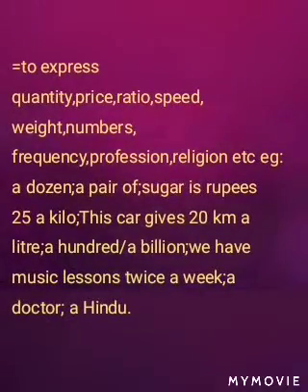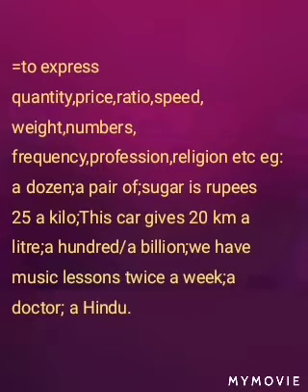Now, the article a can also be used to express quantity, price, ratio, speed, weight, numbers, frequency, profession, religion, etc. A dozen, a quantity. A pair of, again quantity. Sugar is rupees 20 a kilo, that is price.